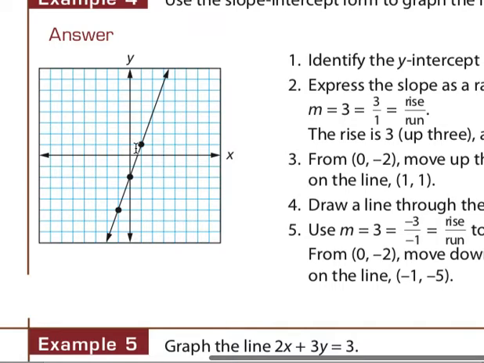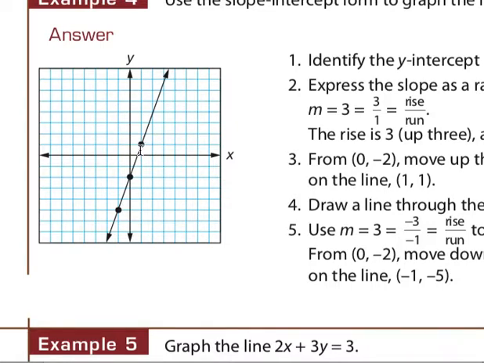And so when we're using slope-intercept form to graph, we're going to start at the intercept. We said negative 2 is the y-intercept, so we're going to put a little dot at negative 2 on our y-axis. And our slope is 3, so we're going to count 1, 2, 3 up and over 1.